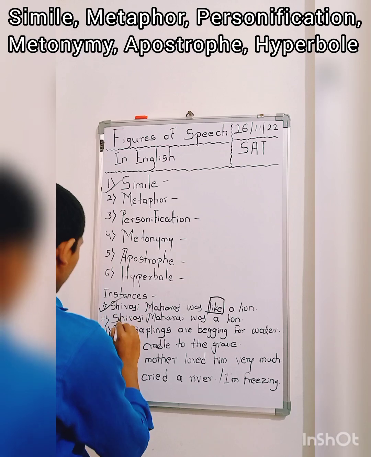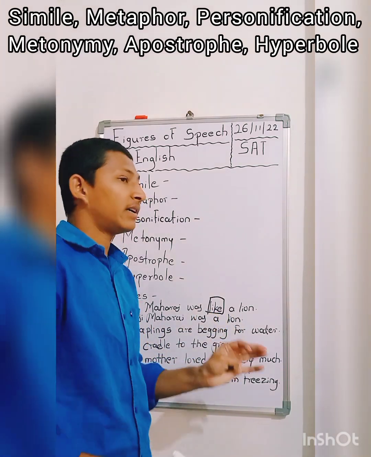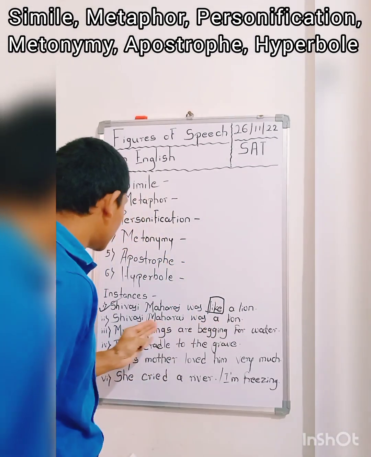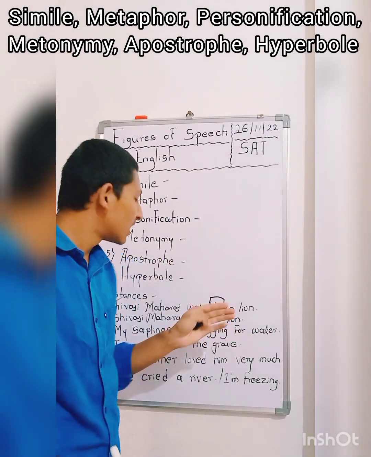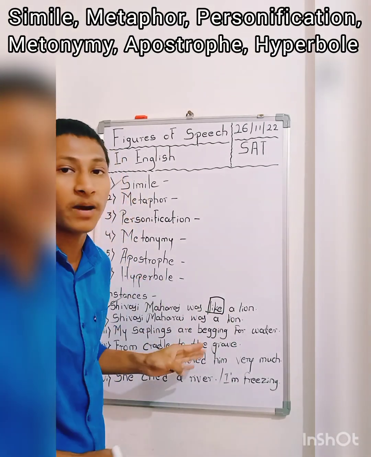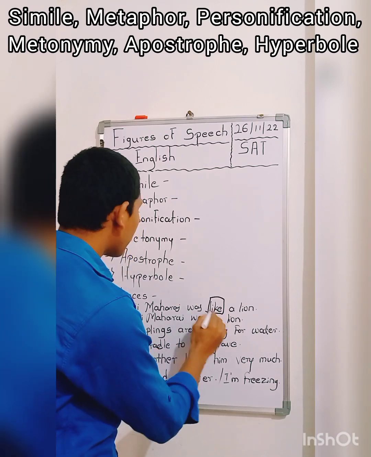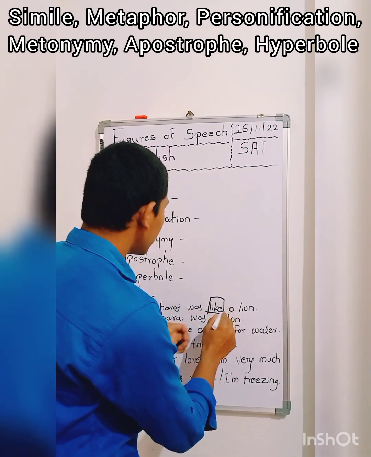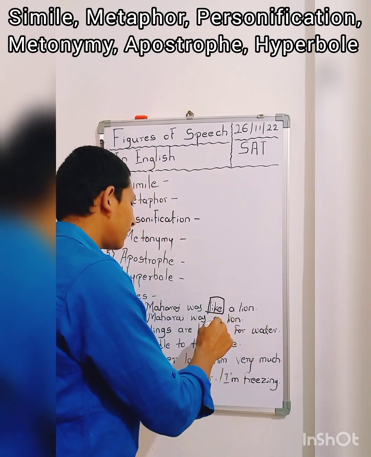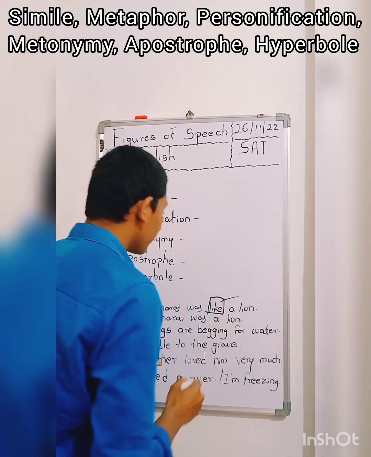Shivaji Maharaj was a lion. Here we have directly connected Shivaji Maharaj to a lion, meaning we have given the incarnation of a lion to Shivaji Maharaj. In the simile, we compared Shivaji Maharaj to a lion with the connector like.